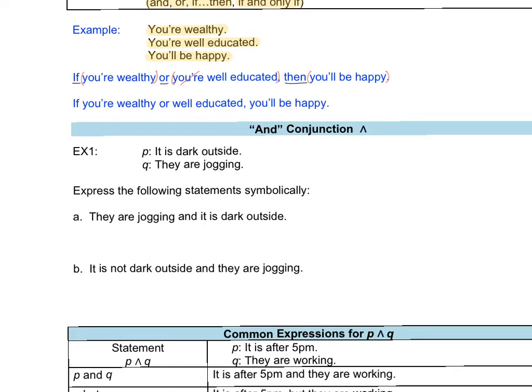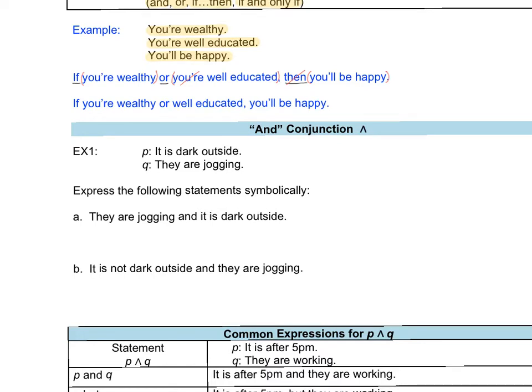Also in if then, sometimes you will not see then written. It's implied. So if you're wealthy or well educated, you'll be happy has an implied then. Again, the English language, there's many, many ways to say the same thing.